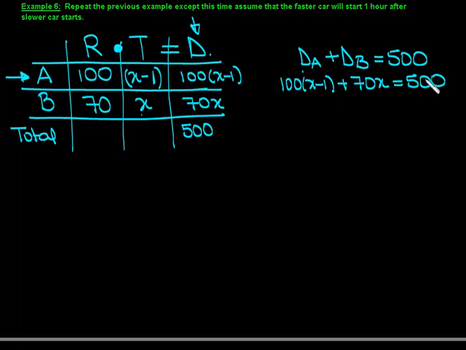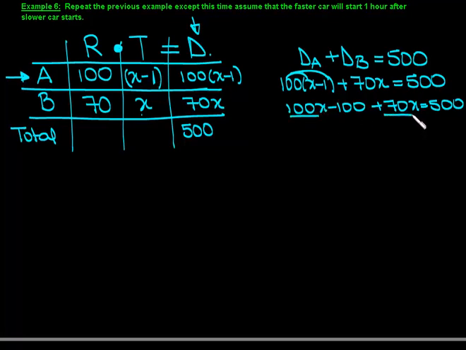Again, it's a linear equation now. It's got only one unknown, so it's easy to solve. Get rid of the parentheses first. So we get 100x minus 100 plus 70x is equal to 500. Okay, so you just need to rearrange everything now so that it all works out the way you want.